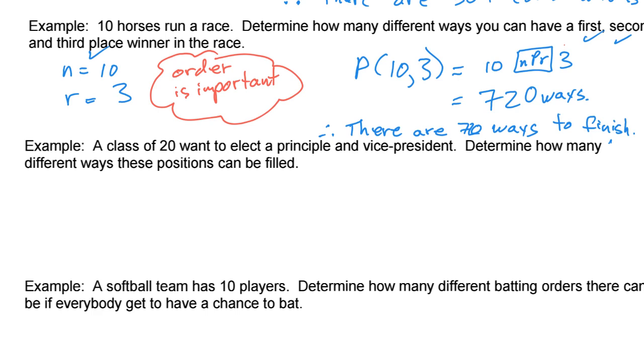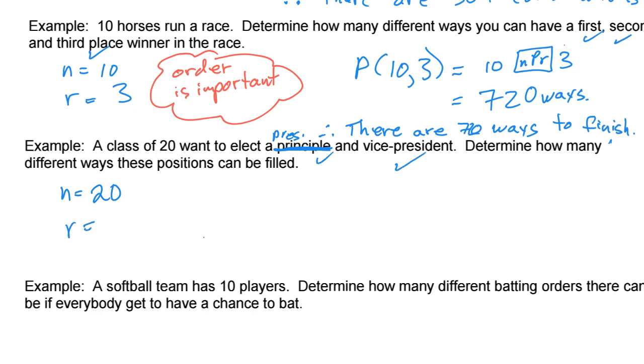Now we have a class of 20 people. We want to elect, and not a principal, man, I'm still thinking like a teacher, a president and a vice president. Determine how many different ways these positions can be filled. In this case, n is equal to 20. r is equal to how many spaces we have to fill.